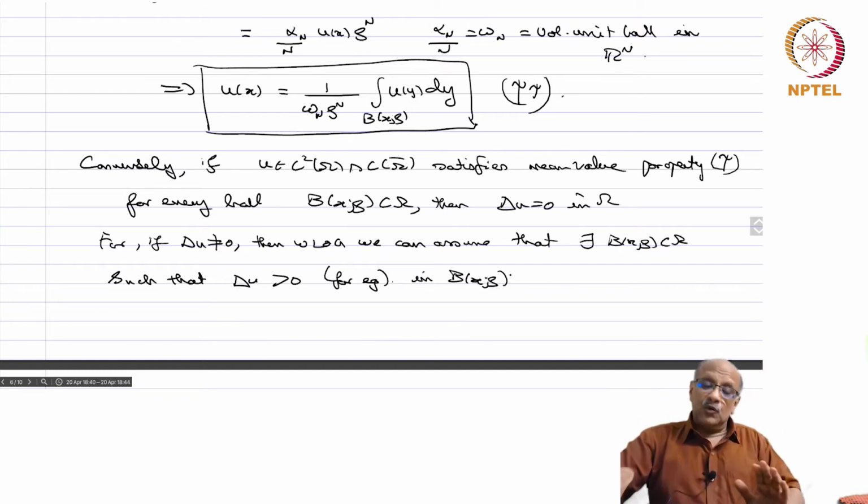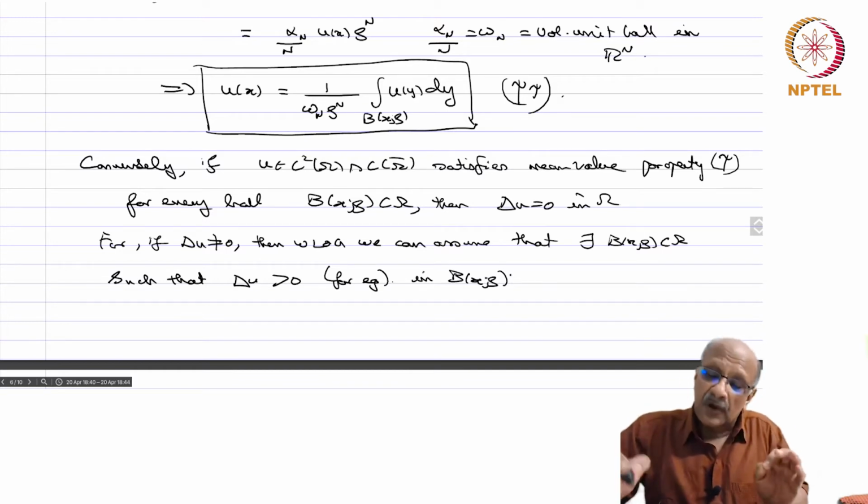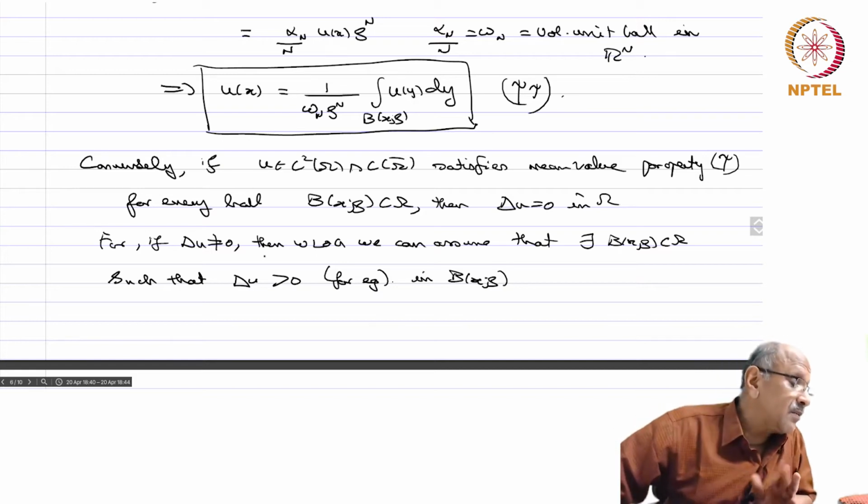The function is C2 and therefore second derivatives are continuous. So if it is positive at one point, since it is not 0, then it will be positive in a small neighborhood. If it's negative, you can take it to be negative also. It doesn't matter whether you are taking positive or negative.